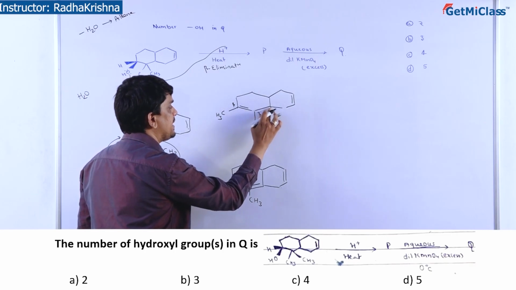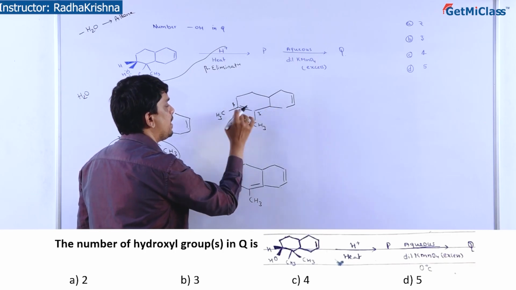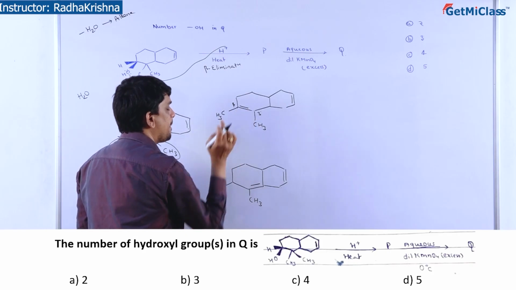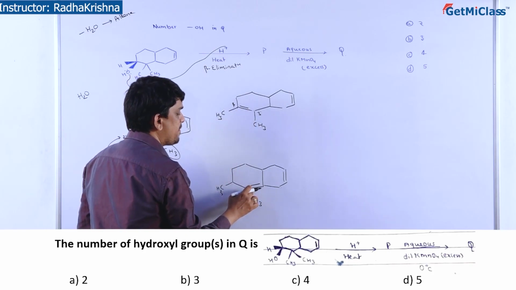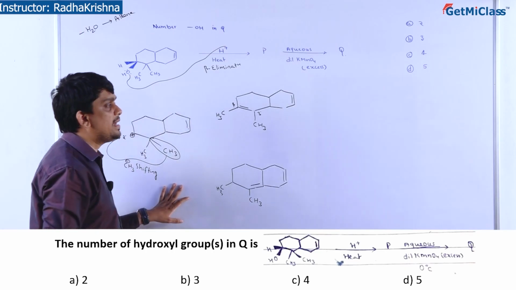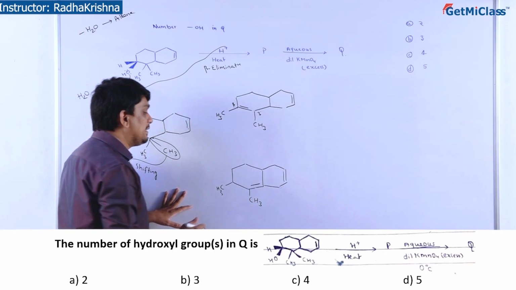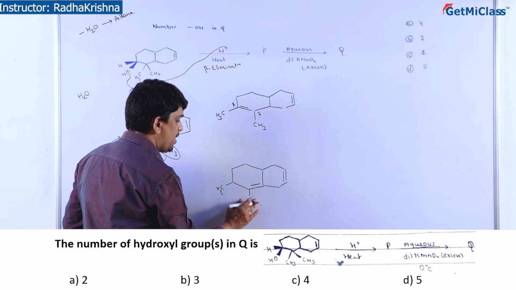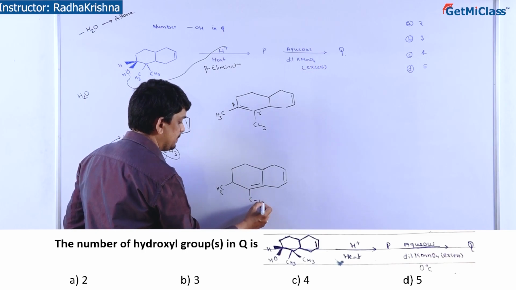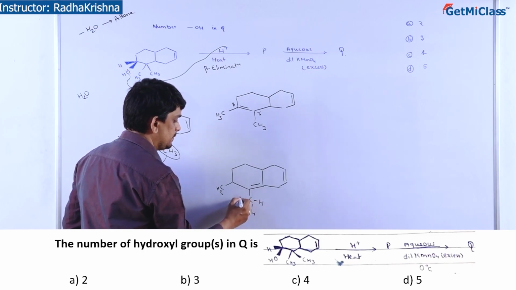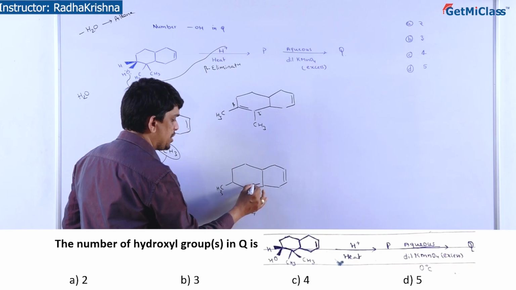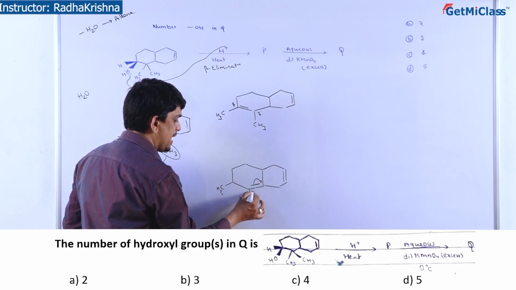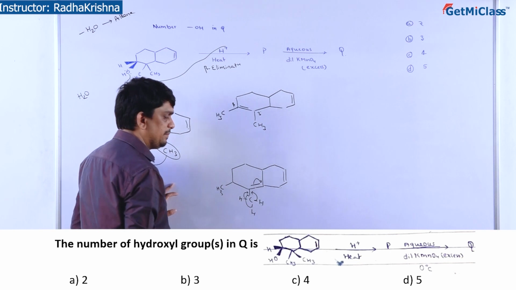One possibility says that you are going to have a double bond here. Another possibility, you are going to have a double bond here. So which is better? Let's see. Now when you look at this, you have hyperconjugation. You can have a hyperconjugation here, you can here, you can here.